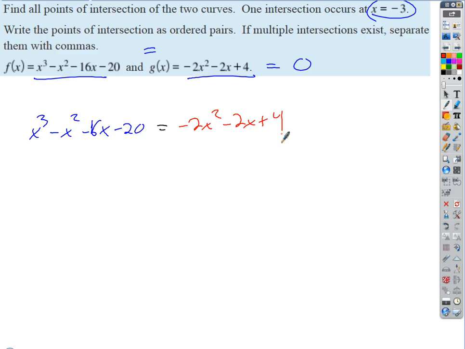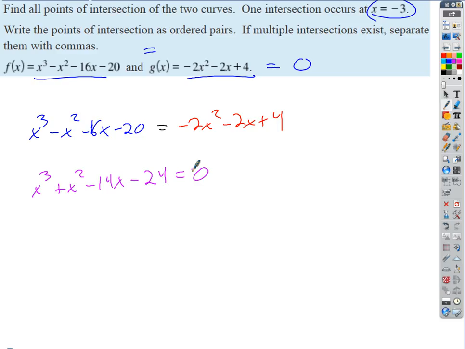So I could put this into standard form, and I'd end up with what? If I add x squared to both sides, I get x cubed plus x squared, add 2x, subtract 4. Something like that, right? So I get this cubic polynomial.